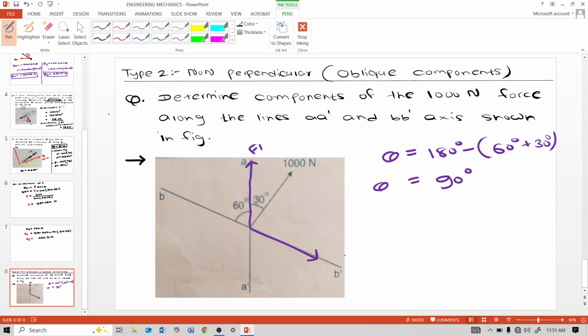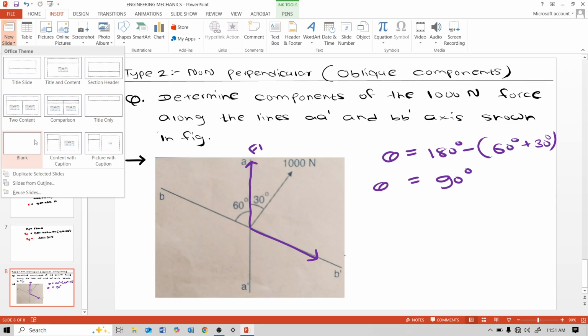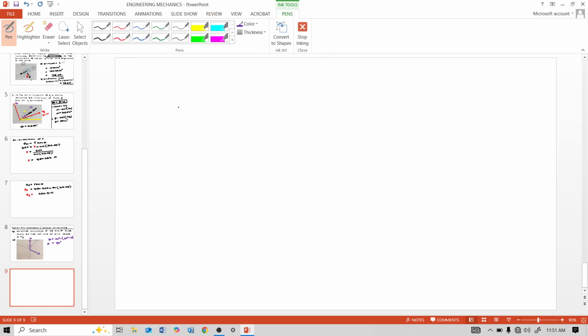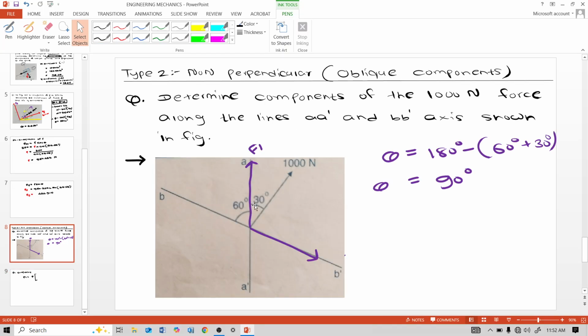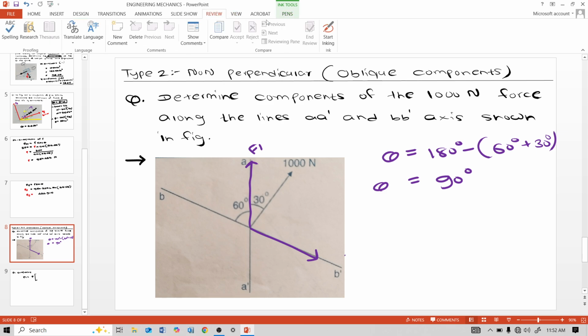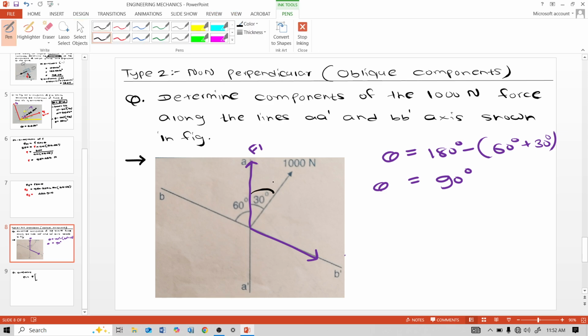Now we will calculate component F1. The formula is F1 is equal to F into sine of theta upon sine of alpha plus theta. Consider this angle as alpha and this angle as theta, as we already considered.